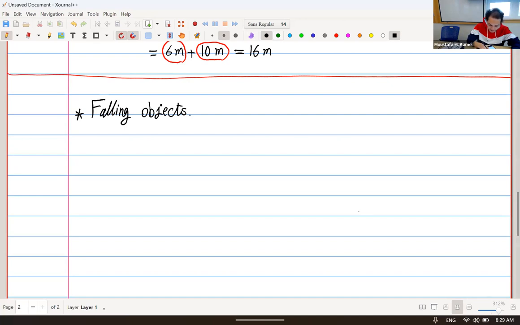So independent of the mass, whether it's a feather or a heavy truck falling down, they all fall with the same rate. The magnitude of acceleration is 9.8 meters per second squared. All objects fall with the same rate.